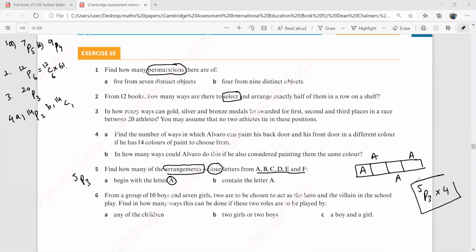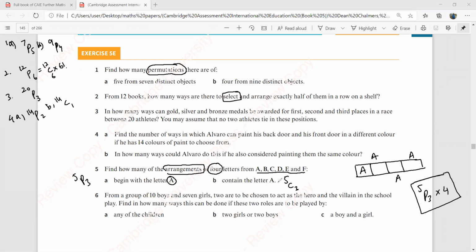Sir, we can also do 5C3 into 4 factorial, right? Exactly. That is what I was about to do, the way you have done it. It had to be 5C3 because you already have 1 letter in your hand, and you need 3 more.